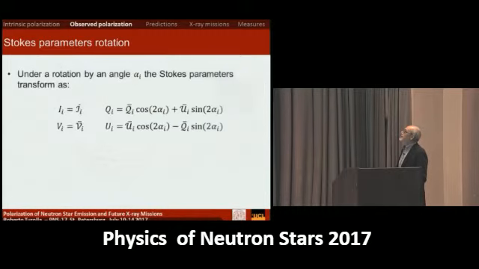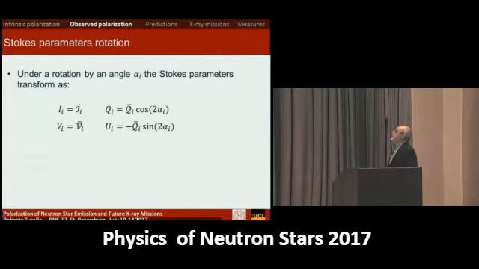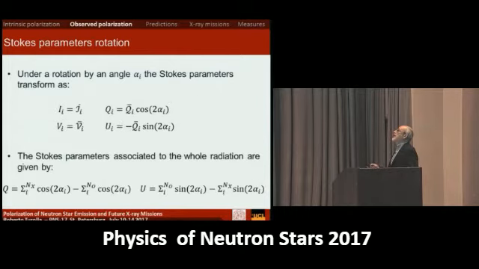So these are just the very simple formulas which relate the Stokes parameters in different frames, which describe the rotation of the Stokes parameters. In our case, they simplify to this form because for X and O photons only Q is different from 0, which is either +1 or -1.